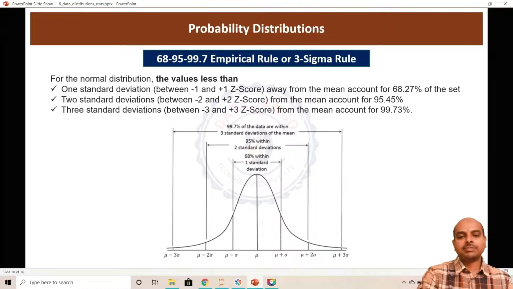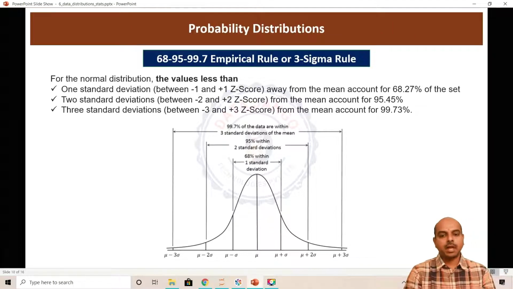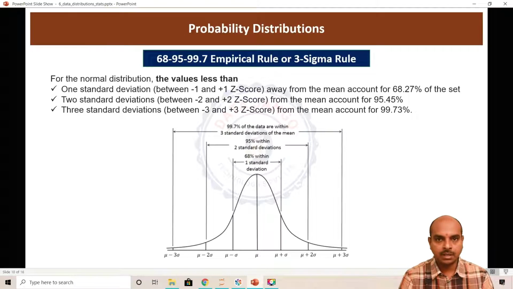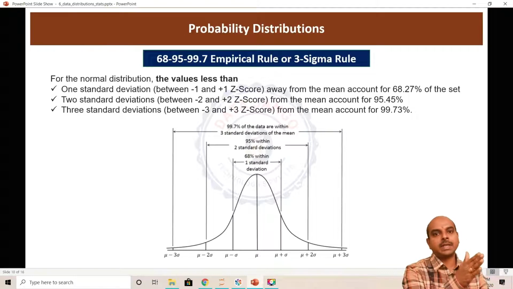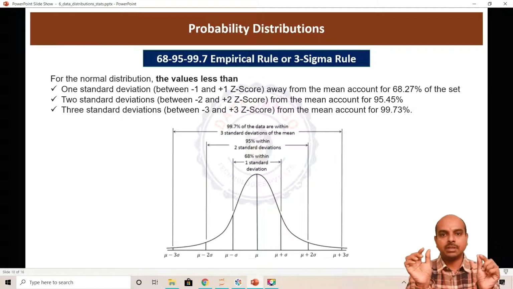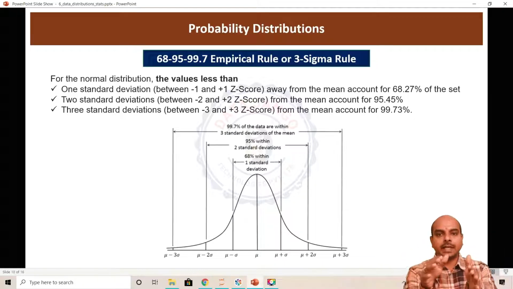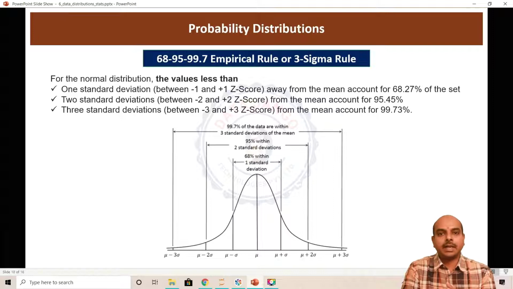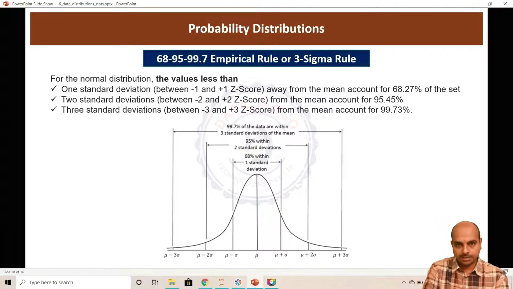When data is forming a bell curve, there is a norm that 68% of the data is going to be within one standard deviation. When I say within one standard deviation, the mean minus one standard deviation and mean plus one standard deviation, there will be two numbers, and 68% of your data which is forming a bell curve will be lying in between those two numbers, and 95% of the data is going to be within two standard deviations.